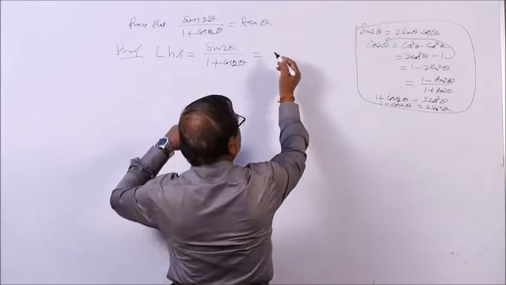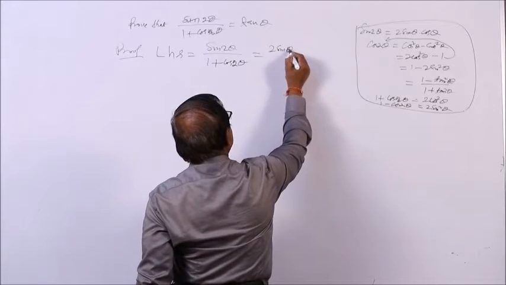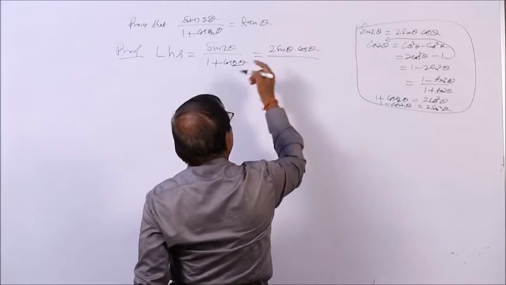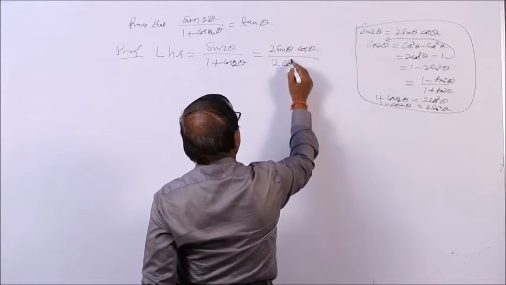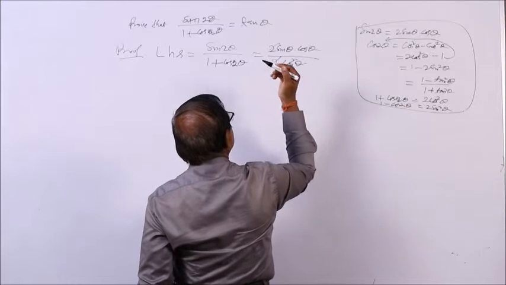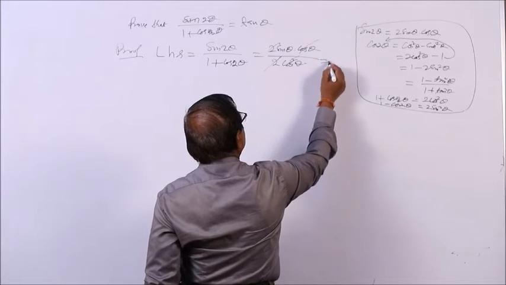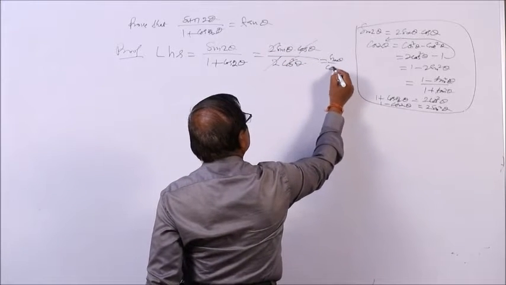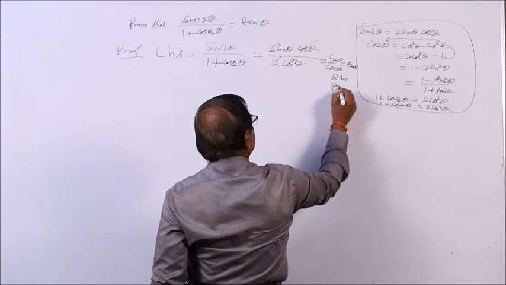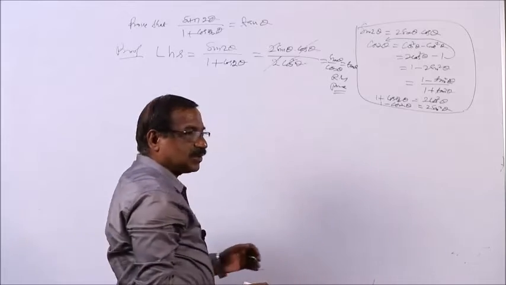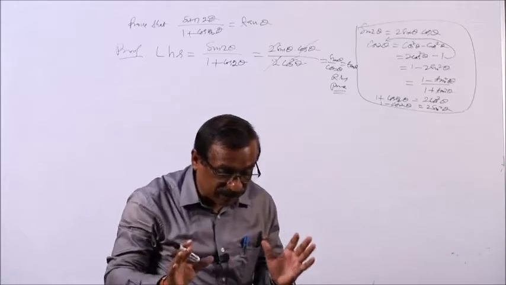So, you see sin 2 theta is 2 sin theta into cos theta, and 1 plus cos 2 theta is 2 cos square theta. So, what happens? 2 goes, 1 cos goes. So, sin theta by cos theta is equal to tan theta. So, this is RHS and proved. So, while solving problems, you have to know the formulas first.